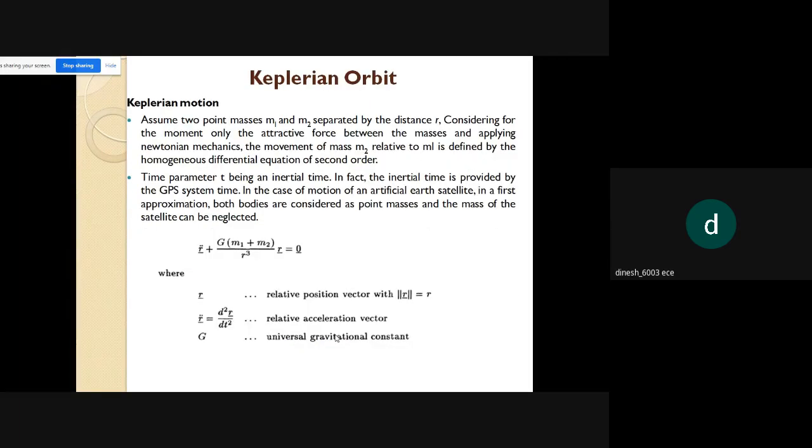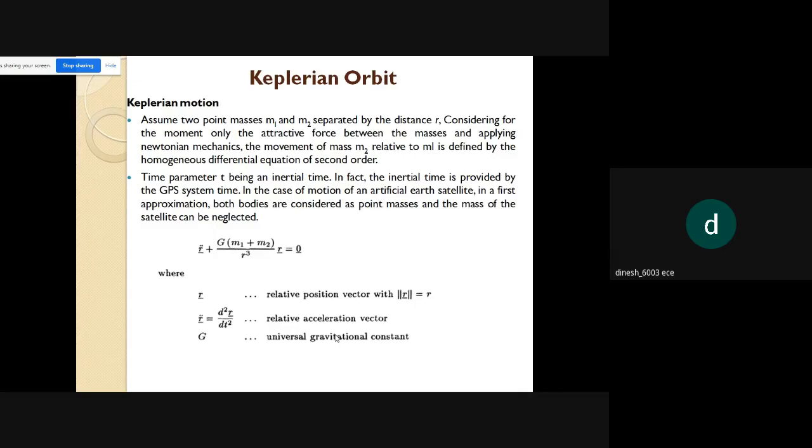Then moving on to the next topic, the Keplerian orbit. This Keplerian orbit is obtained by the laws of satellite motion in space, which is guided by Kepler's law.